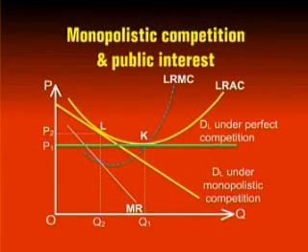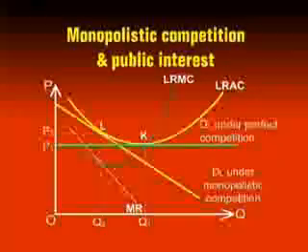The important thing to note here is that the loss to society of producing at K instead of producing at L depends on the distance of K from L. If K and L are very, very close to each other, then it does not really matter whether the firm is at K or at L. And in the case of a monopolistically competitive firm, because the demand curve is very elastic, that is, it is very close to the demand curve under perfect competition, K and L are likely to be very close, so that the loss to society will not be so great.